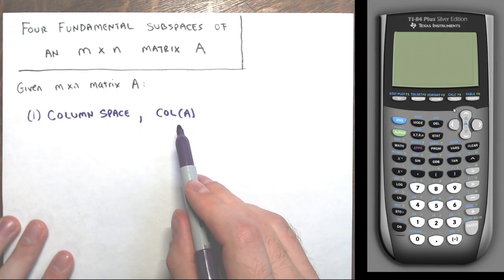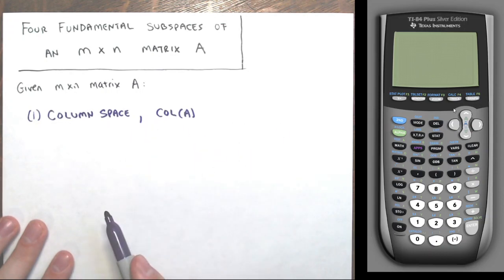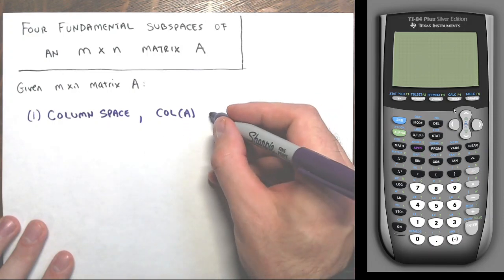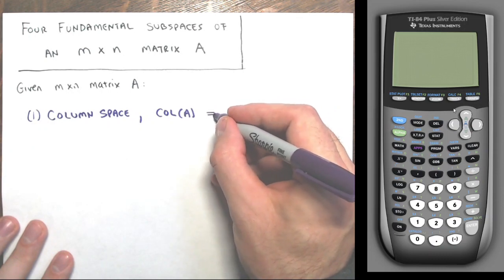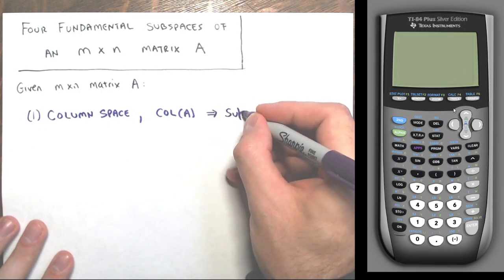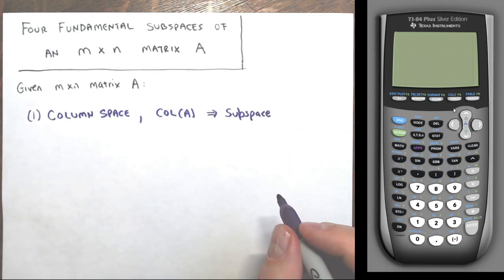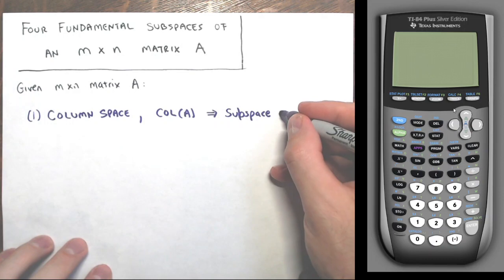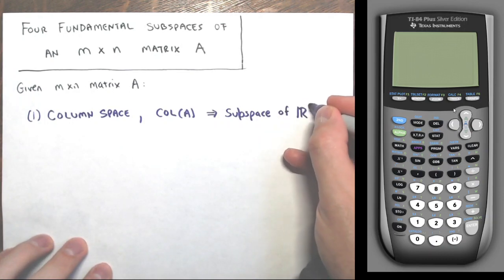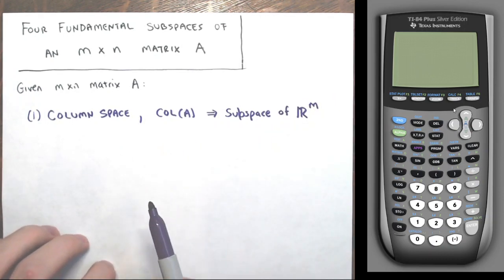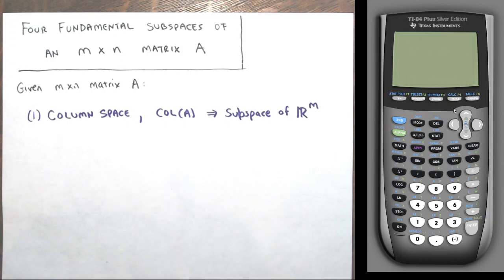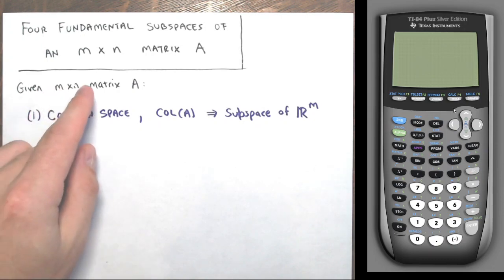If you looked at every column of A, all the linear combinations of those columns was the column space of A. And this was a subspace of Rm. Every vector in the column space would be a vector with m components, if it's an m by n matrix.